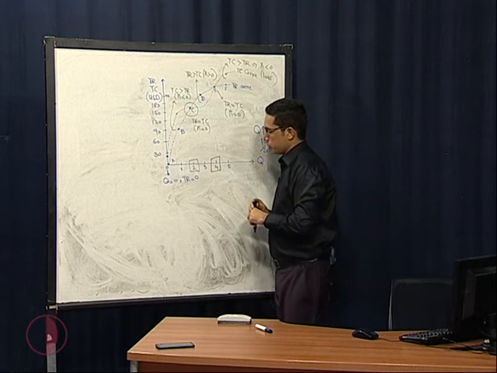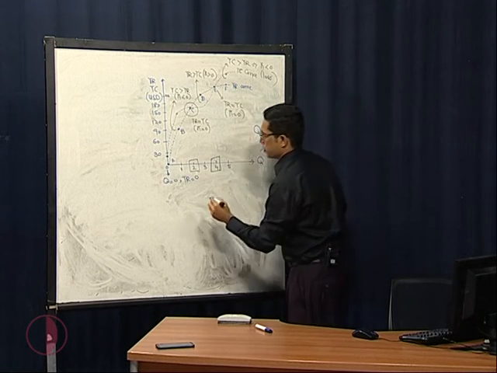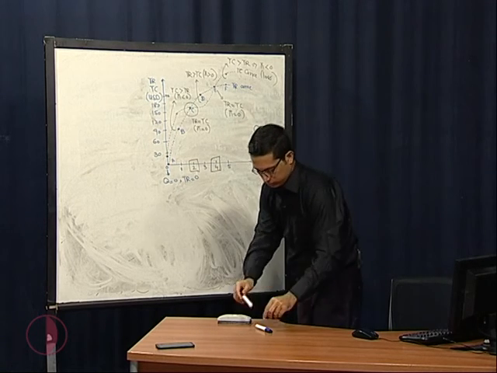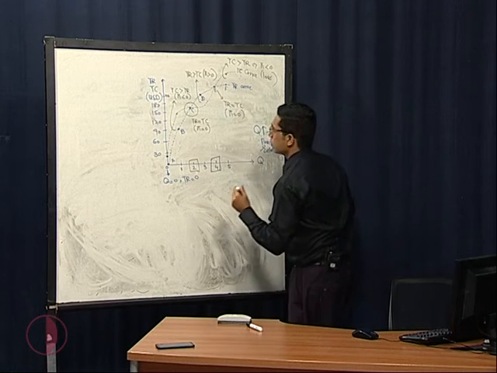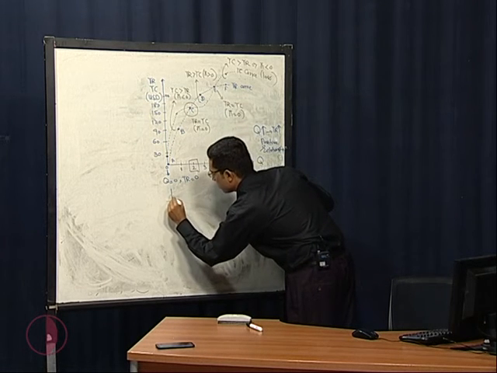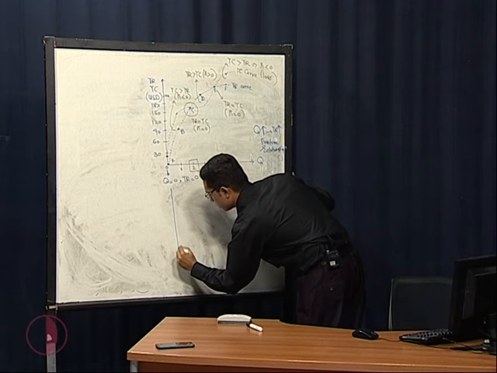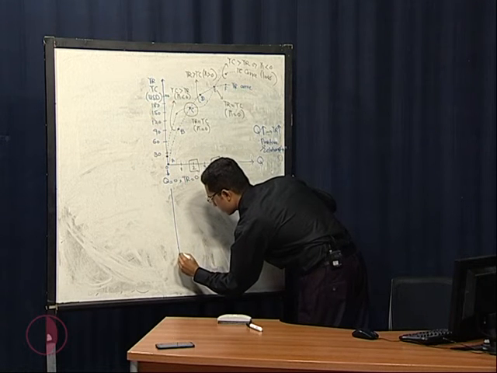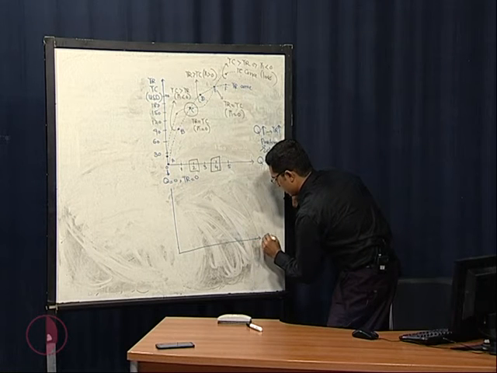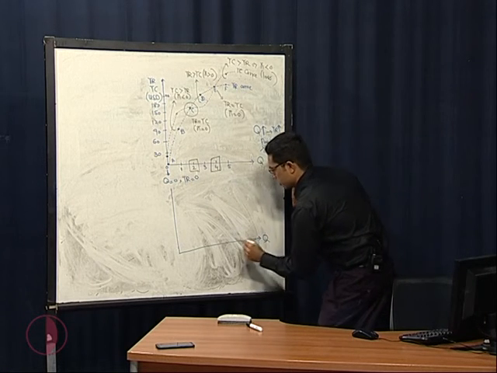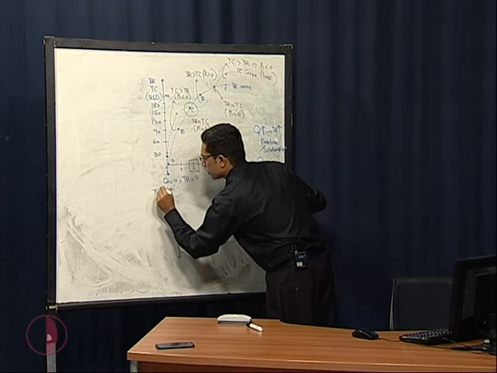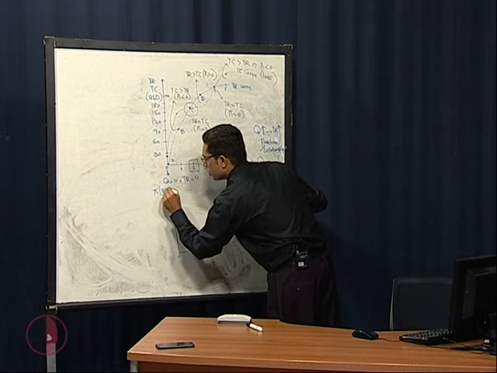Now we are going to represent the profit function. This will be output Q, here is profit, in dollars.